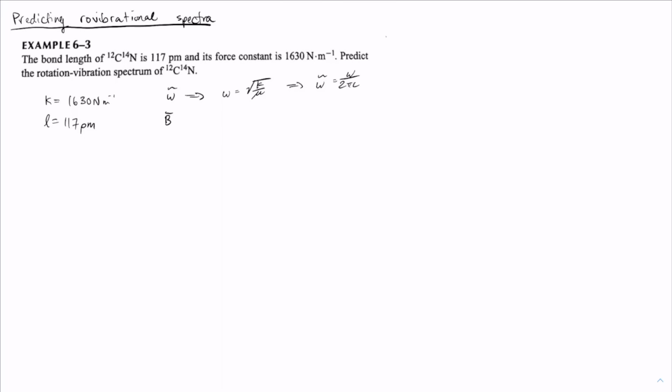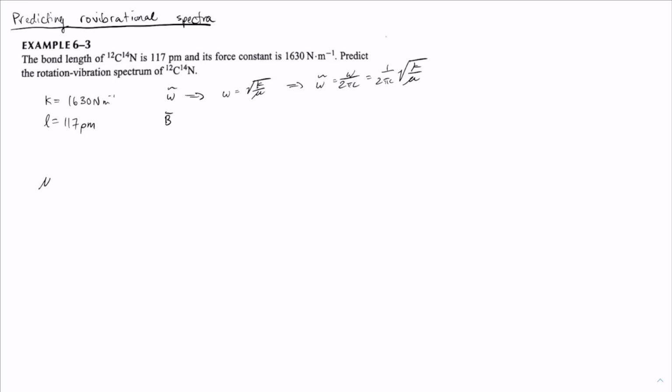So omega tilde is given by 1 over 2 pi c times the square root of K divided by mu. We already know K, which is given in the problem, so we just need to figure out what mu is. And mu is determined purely by the masses of the atoms in the diatomic, and since we know the identities of the atoms, we know everything we need to figure out mu.